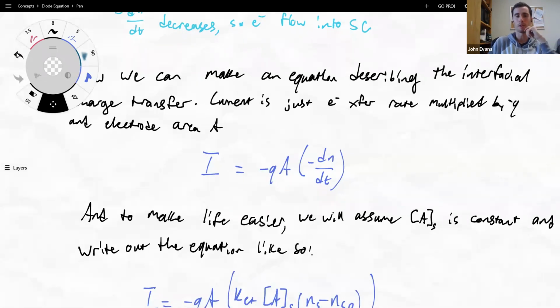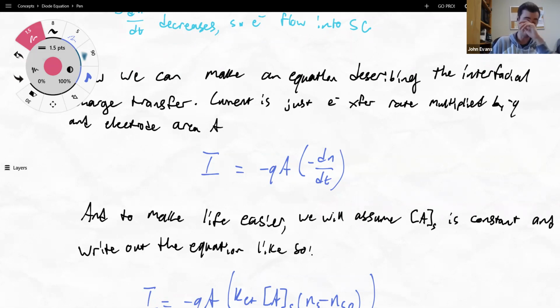So we are going to say that the current here, denoted by I, is going to be equal to the fundamental charge with a negative, because we're working with electrons here, multiplied by the electrode area, multiplied by the rate of the reaction, which again has that minus sign.